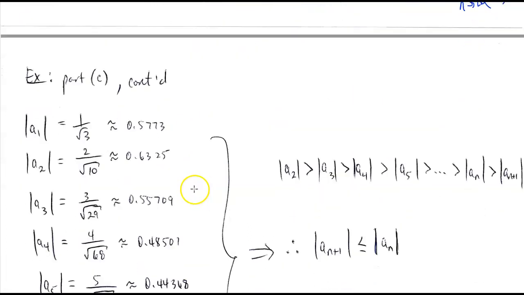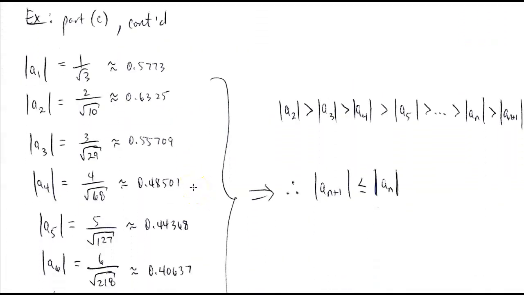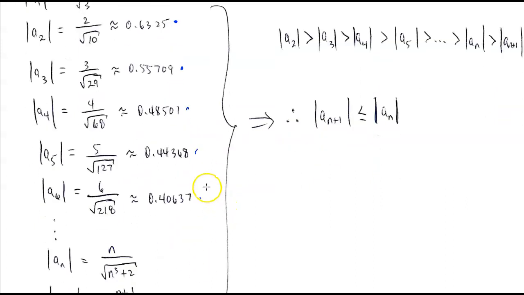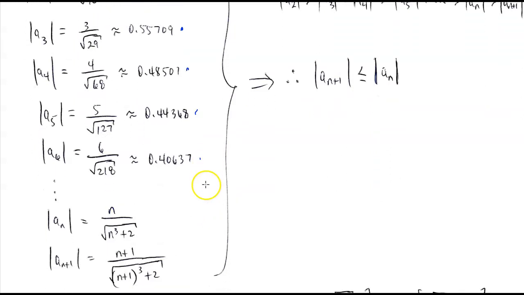So if we look here, as I list these values, notice that at first we have this value, then it goes up, and then it goes back down, down, down, down, and it just keeps on going down.